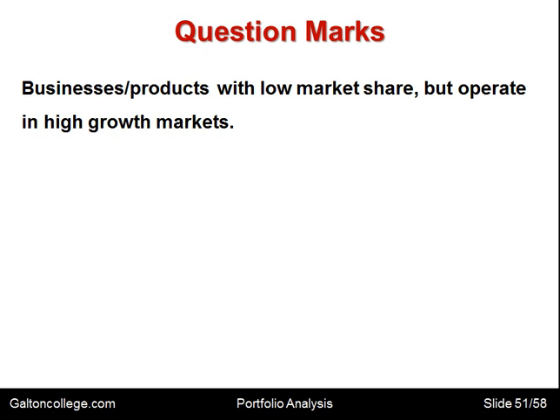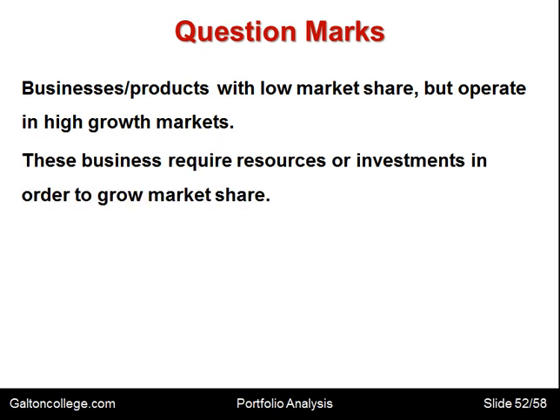It could fall and become low market share and low growth. Or it could become high market share and high growth. There are two ways it can go. It can go down to the worst possibility, low market share and low growth, or it can go to the best possibility, which is high market share and high rates of business growth.